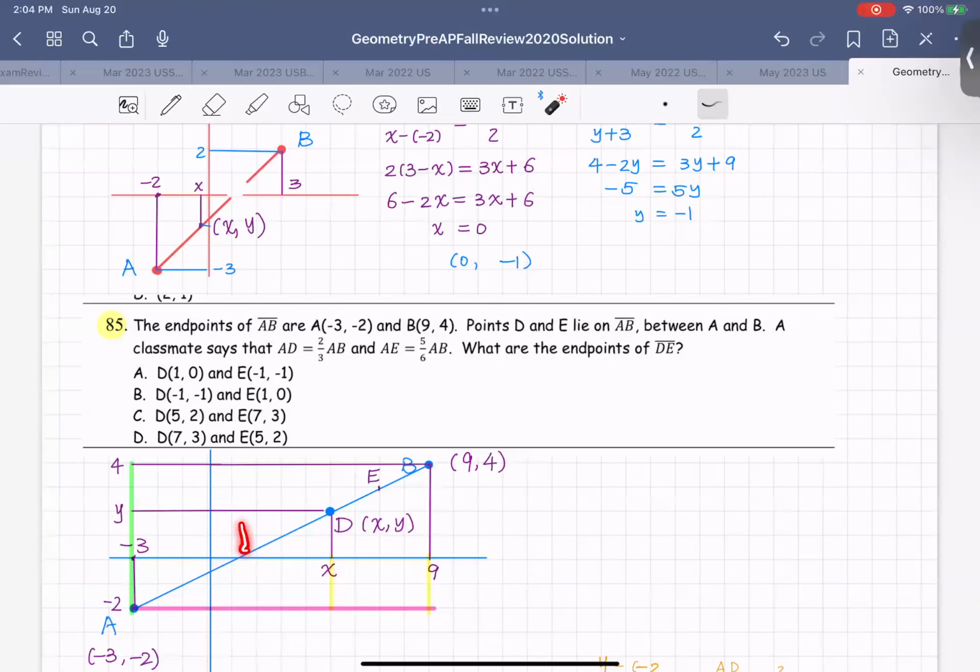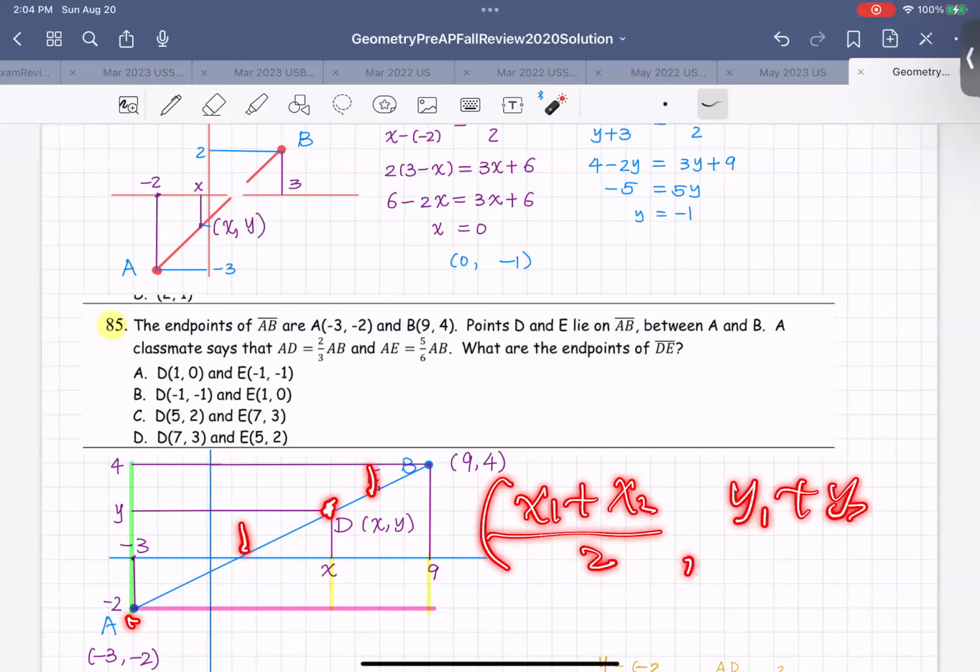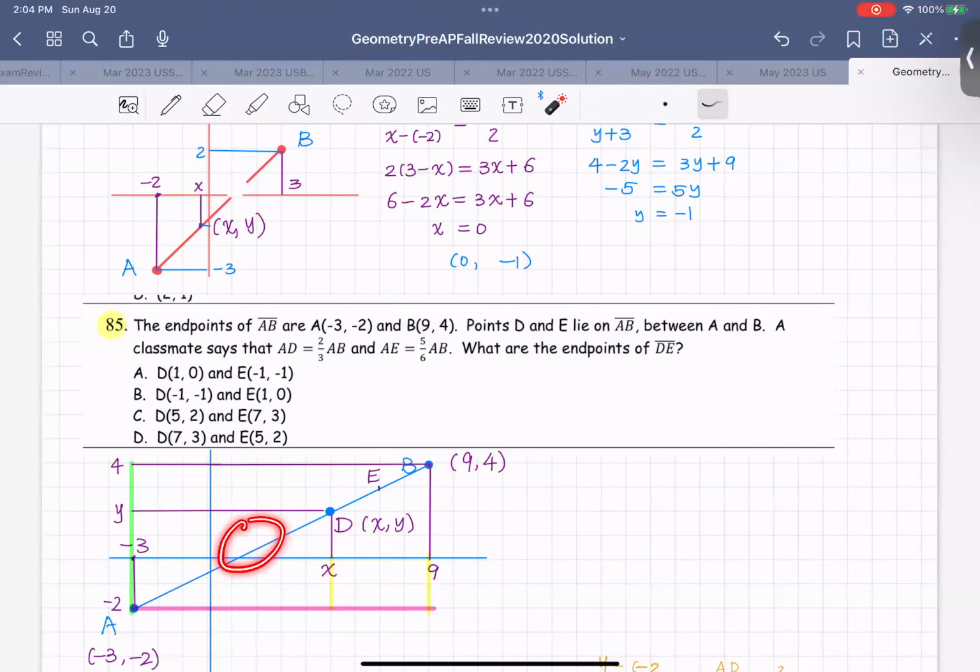If this is 1/1, then the midpoint formula is going to be x1 plus x2 divided by 2, y1 plus y2 divided by 2. But what will happen if this guy over this guy is not 1/1? If the point is any other point on the line, but I tell you this guy over this guy equals 2/1, how much will this point be?